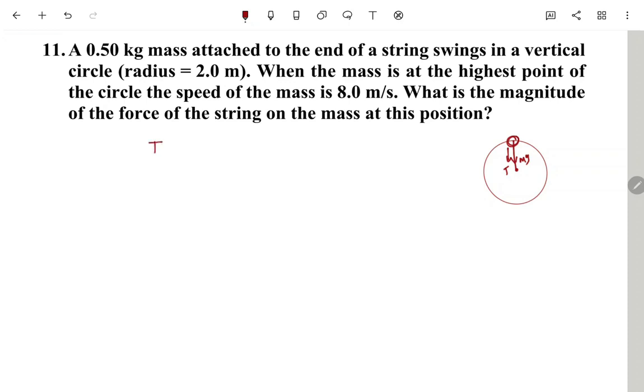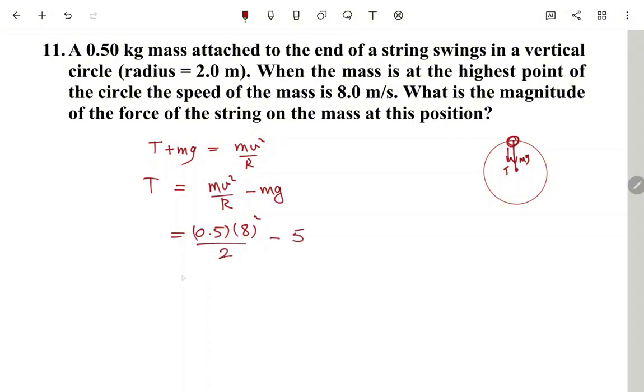So tension plus mg equal to mv square over r. In this case here, tension, it's equal to mv square over r minus mg. By substituting numbers, you will find 0.5, this one here, times 8 square divided by 2 minus 5, and it's equal to 11 newtons, and this is the tension.